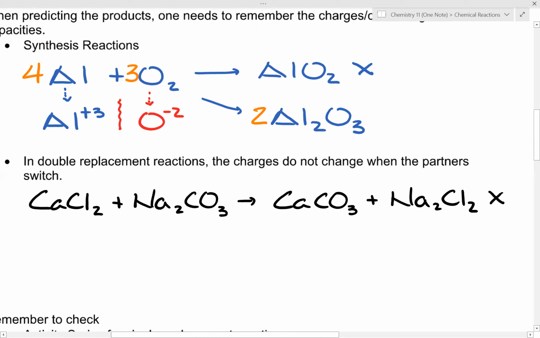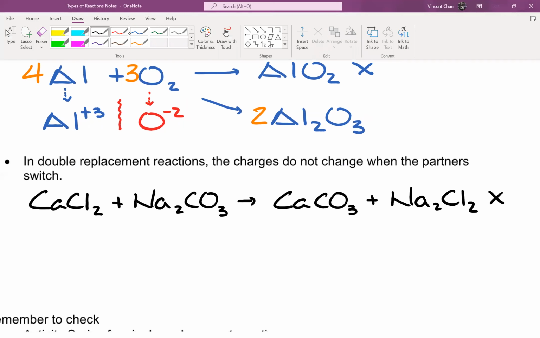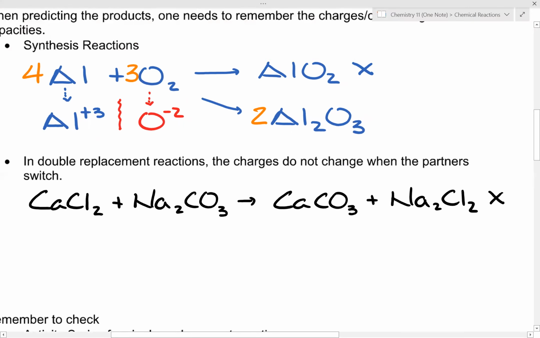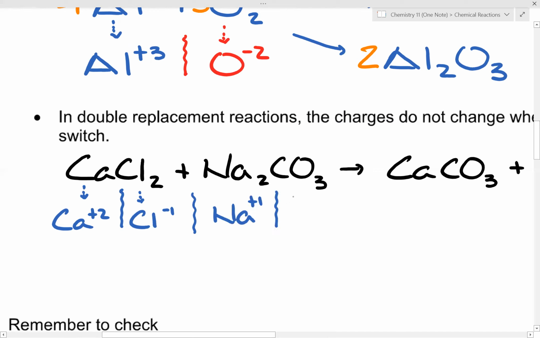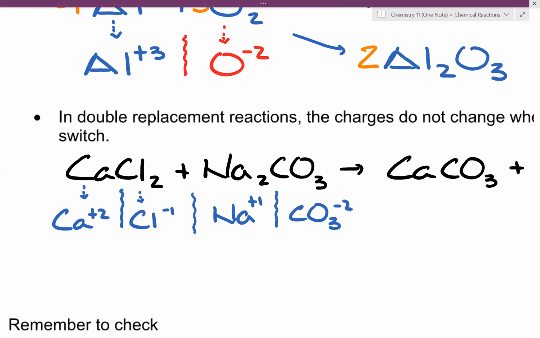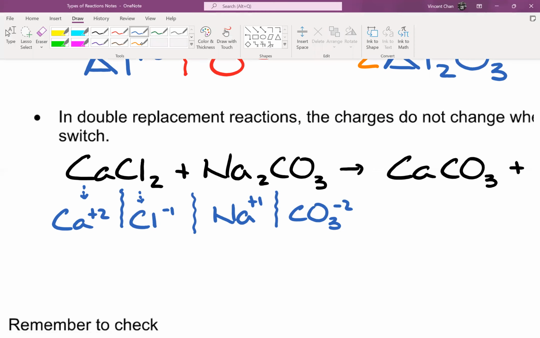Because again, you have to think back to chemical naming. If we break this apart, calcium would be Ca plus 2, chlorine would be Cl minus 1, sodium would be Na plus 1, and CO3 would be CO3 minus 2. So what happens is you have the switching of partners.